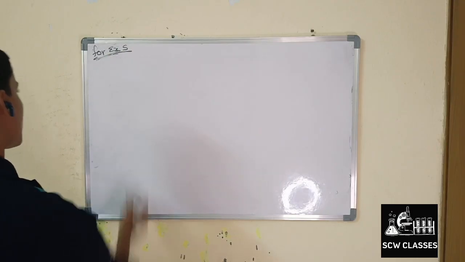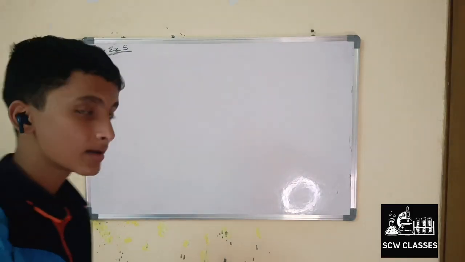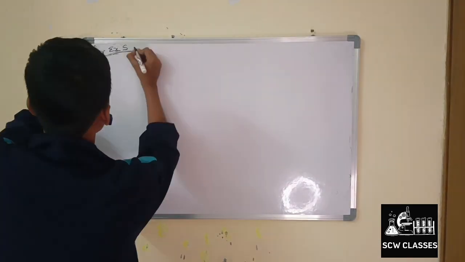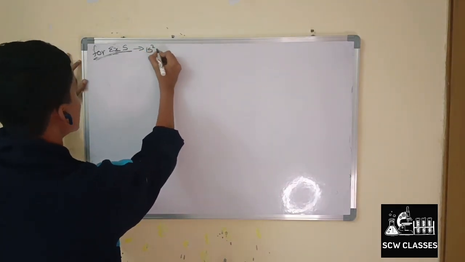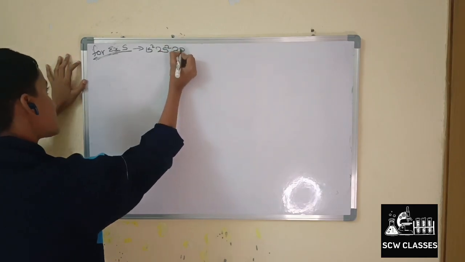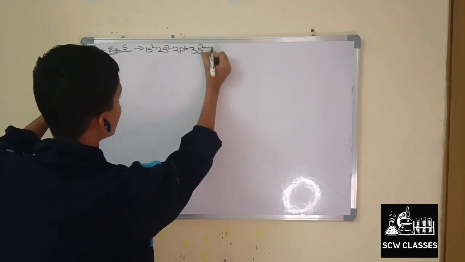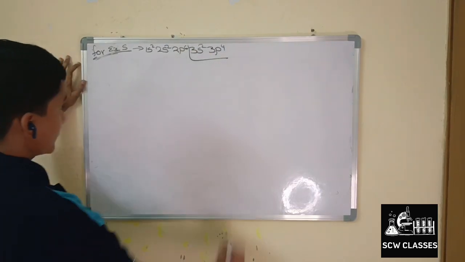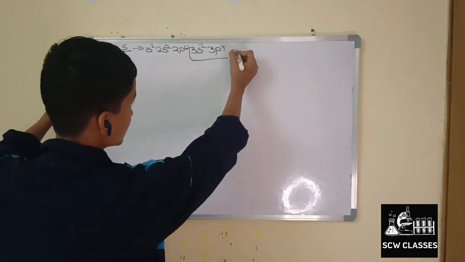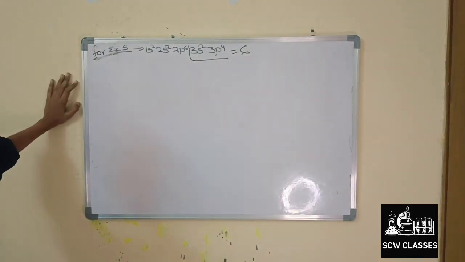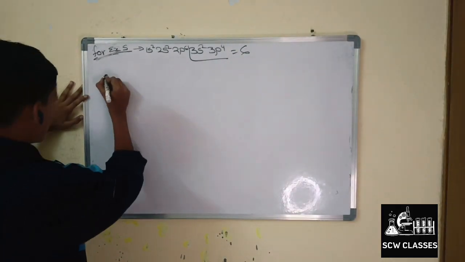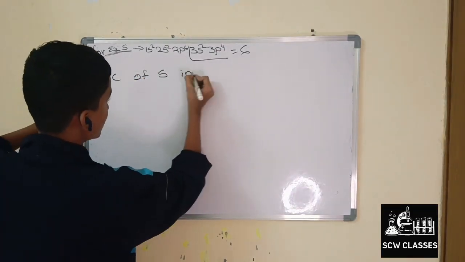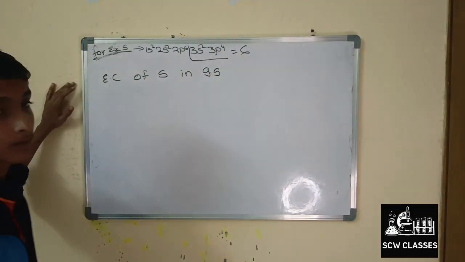Write the electronic configuration of sulfur: 1s2, 2s2, 2p6, 3s2, 3p4. Sulfur has 6 valence electrons. Then write the electronic configuration of sulfur in ground state.